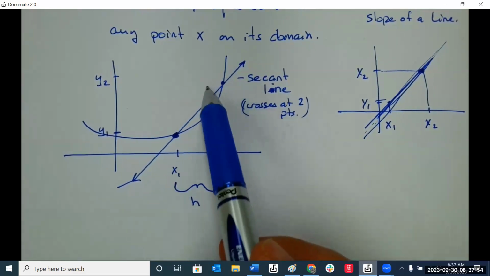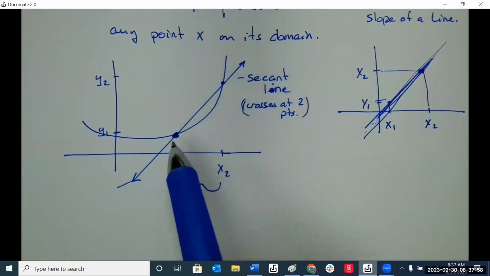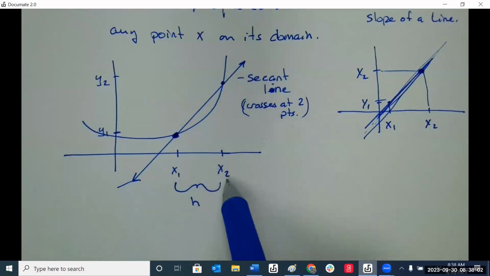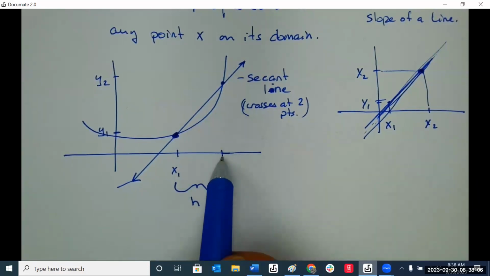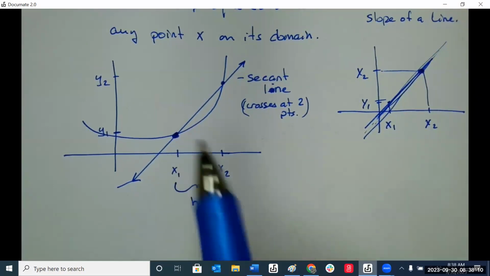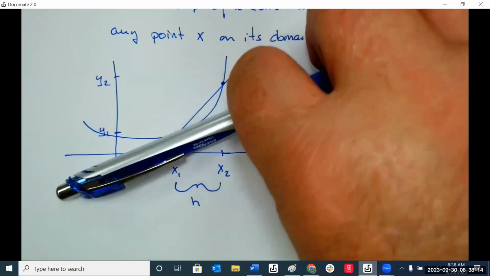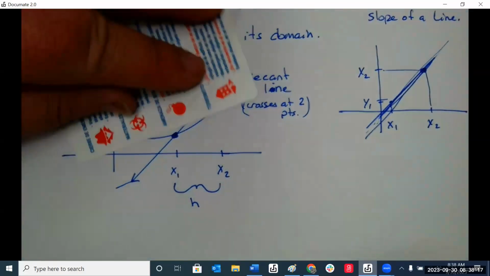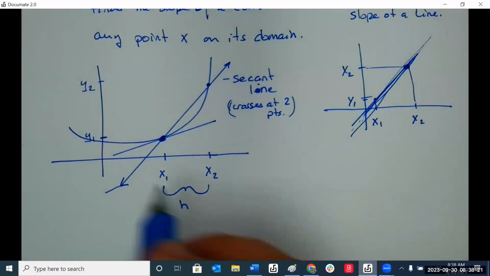Because to find the slope of a curve at any point, we can only have one point. We have to somehow get rid of x2. We do that if we move x2 closer to x1, eventually they become the same point. And what happens to the line? It eventually turns, and eventually we get that.